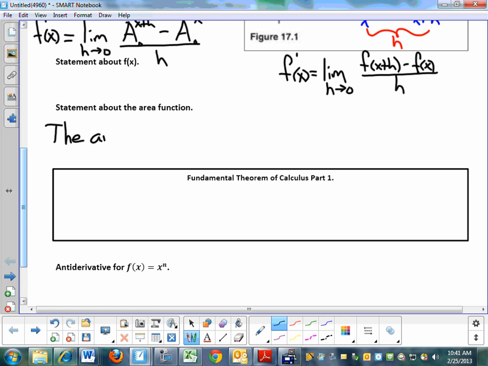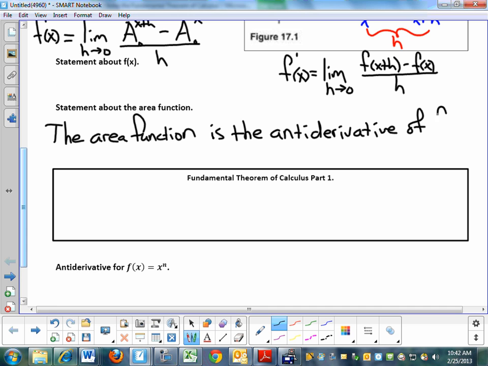The area function is the antiderivative of f of x. Antiderivative does not mean that you hate the derivative.